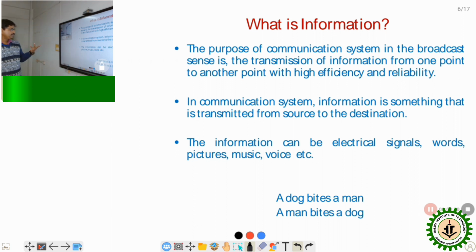Information can simply be an electrical signal, whatever we type on a keyboard, or a picture, music, voice. All of these are information. How can we understand the concept of information? Suppose I write a newspaper headline, a dog bites a man.